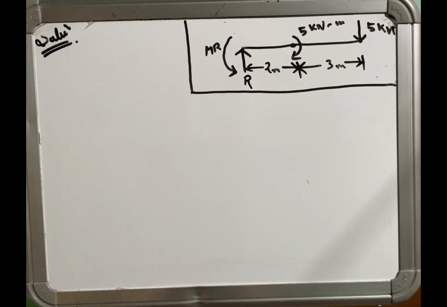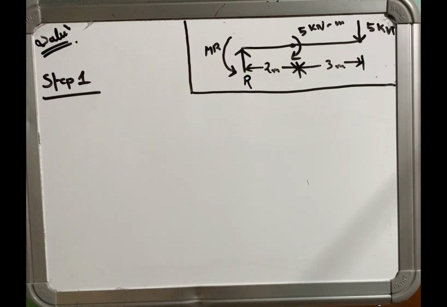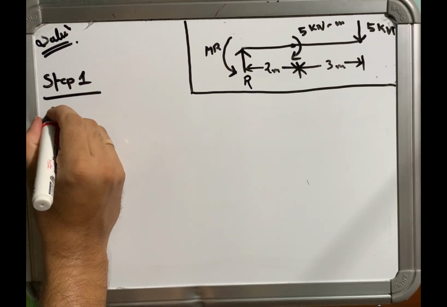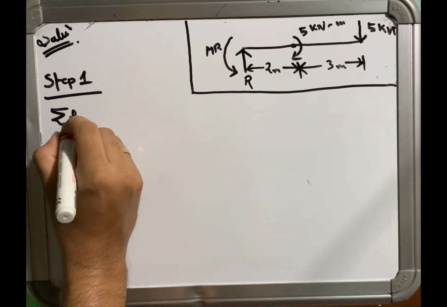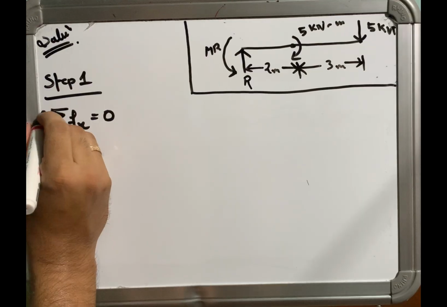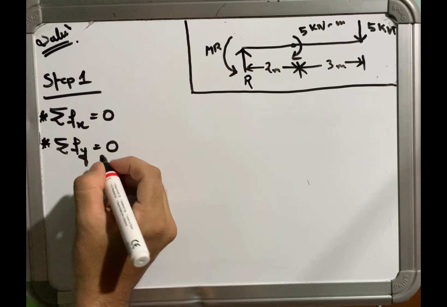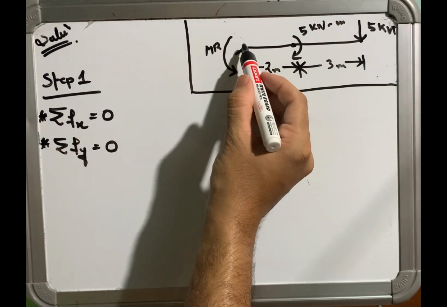Let's start the solution. Starting with step 1, summation of Fx, the force in x direction, will be 0. There will be no forces in x direction. Summation of forces in y direction is 0.